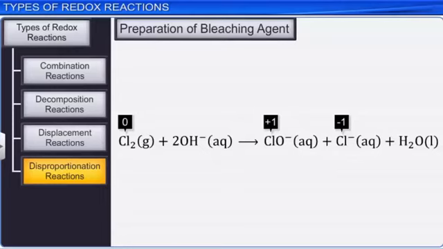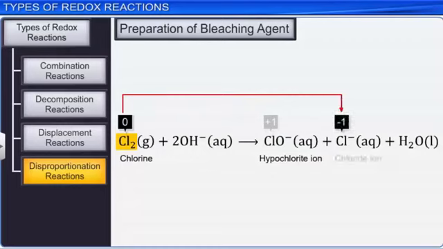In this reaction, hypochlorite ion, which shows bleaching action, is formed by dissolving chlorine in alkali. Chlorine, having an oxidation state of 0, is being reduced to -1 in chloride ion and also being oxidized to +1 in hypochlorite ion.